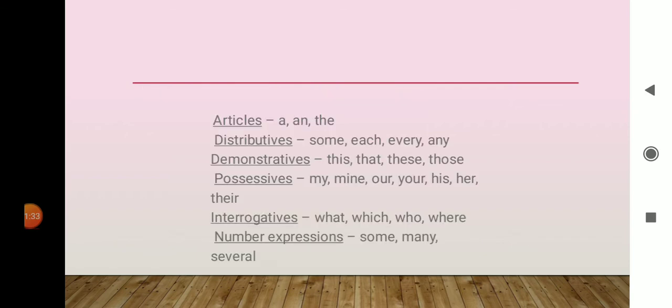There are 6 types of determiners: articles, distributives, demonstratives, possessives, interrogatives, number expressions. Now children, you can see the examples of these types.